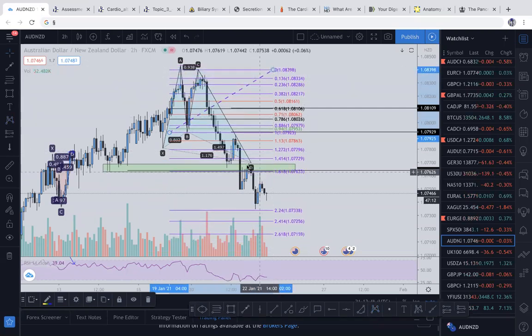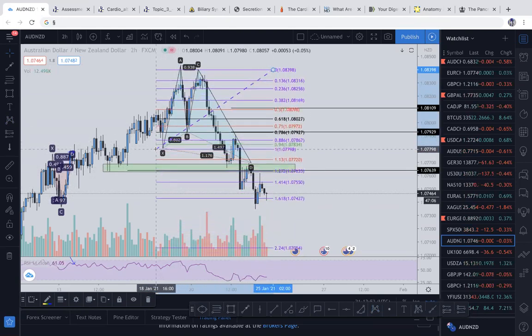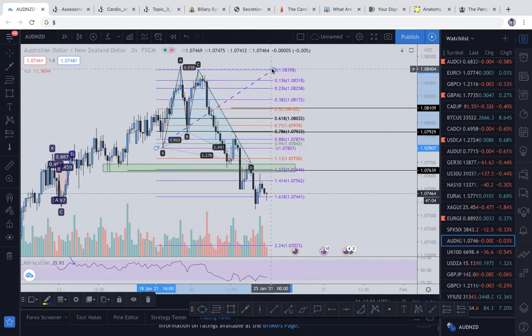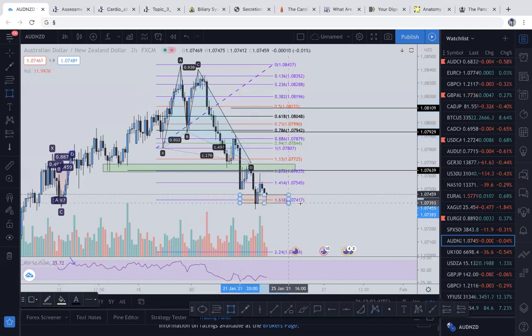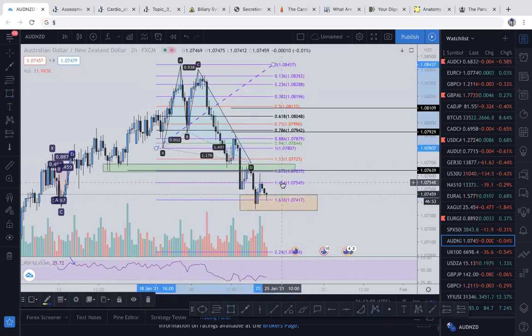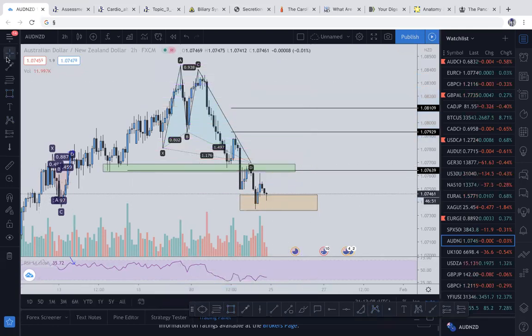Yes, this was the entry. Look how price came down. And now there's a W forming. If I pull my fib from the X to A, look at where the W is finishing. 1.618. And this area is a confirmation that price is about to reverse.